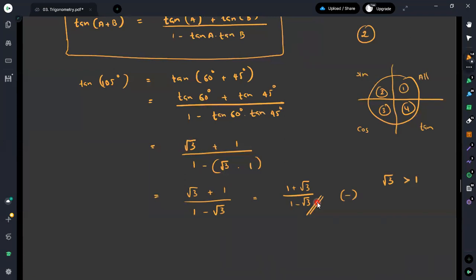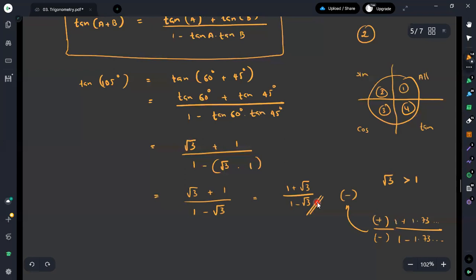Therefore now you can see that even though you are using the compound angle formula or any other technique, all this will satisfy this quadrant rule as well. For the tan 105, if you do this calculation, you will get 1 plus 1.73, that is root 3, in the numerator, then 1 minus 1.73 in the denominator. The numerator is a positive quantity, but in the denominator 1 minus a quantity greater than 1 gives a negative value.